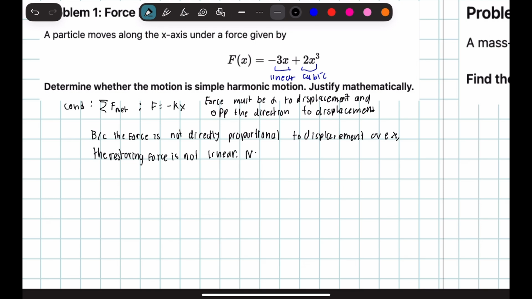So this is not simple harmonic motion because the force is not proportional to displacement alone.